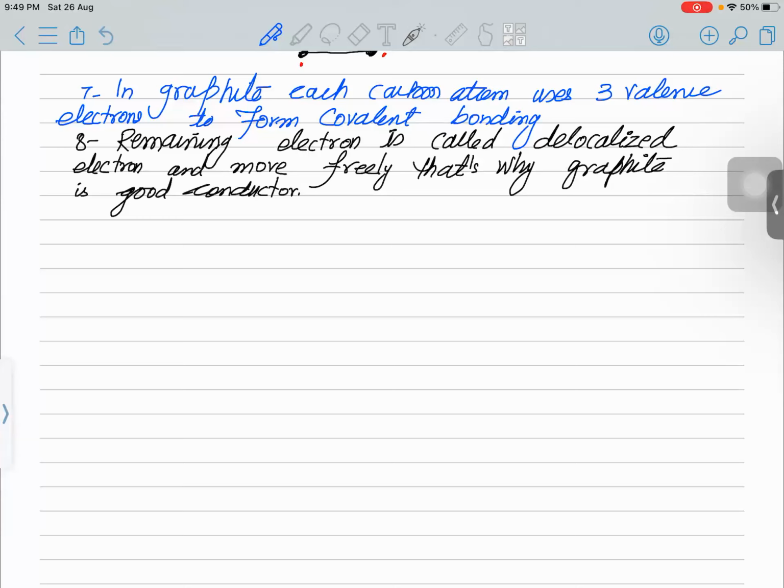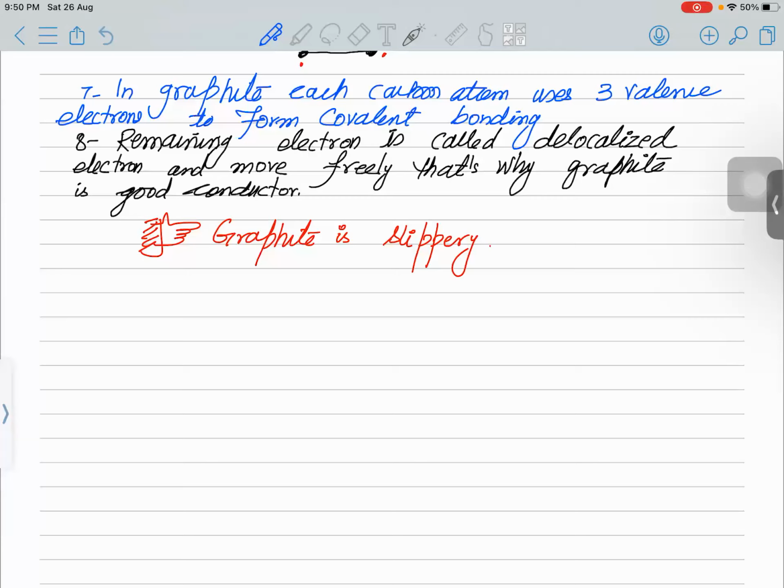Why graphite is very slippery. Can you tell me why graphite is slippery?